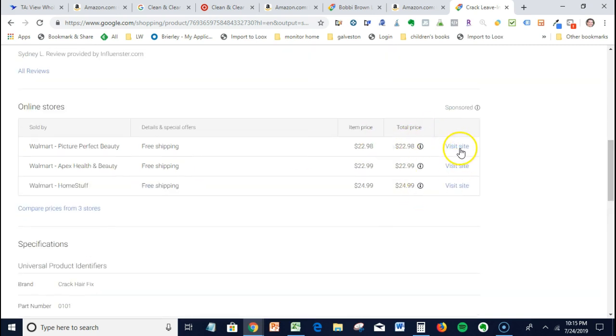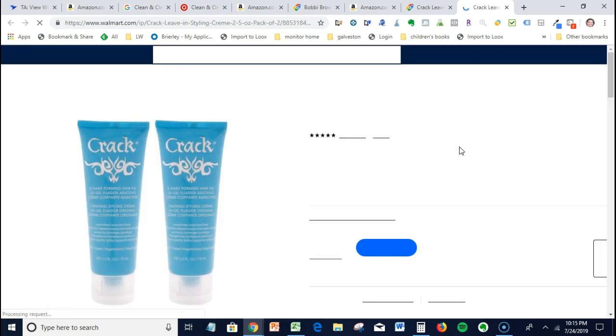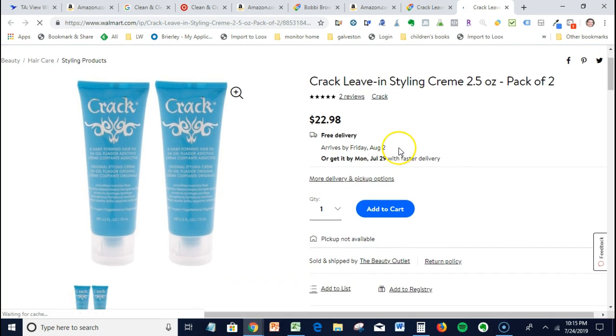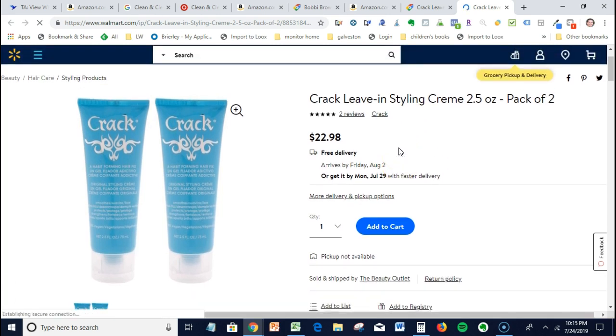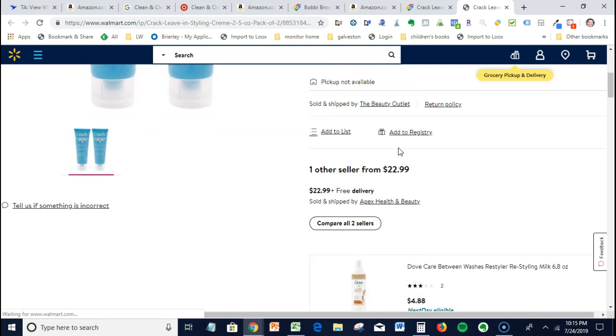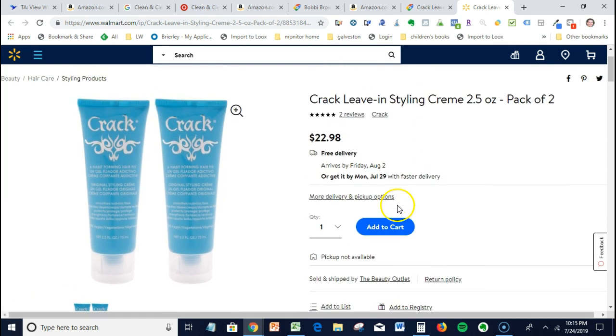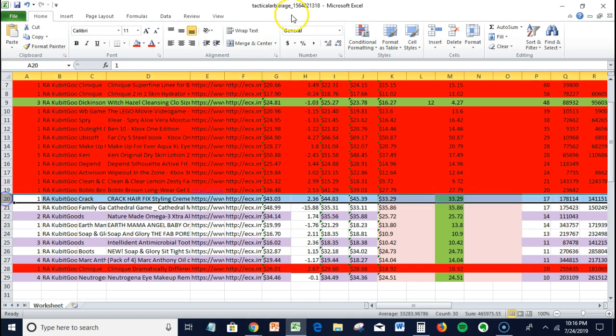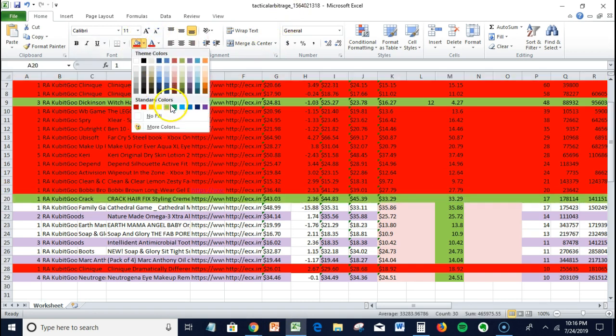So it's not Walmart the store; it's a seller on Walmart, like a seller on Amazon. $22.98. I believe it's free shipping. Yeah, free delivery. So $22.98, that's 2.5 ounces. That's absolutely profitable. So that looks good.